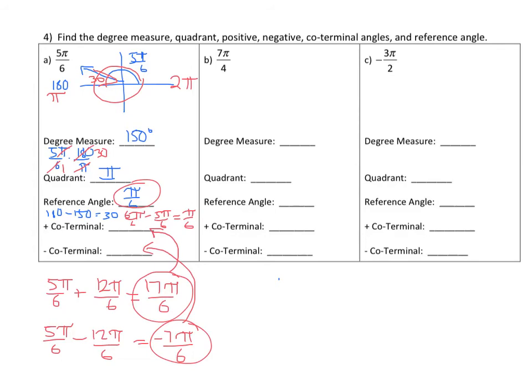Okay, and the next one, let's first convert to degrees. So 7 pi over 4 times 180 over pi gives us 315.